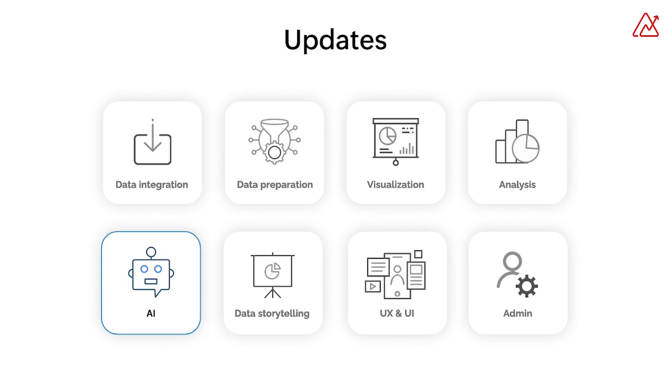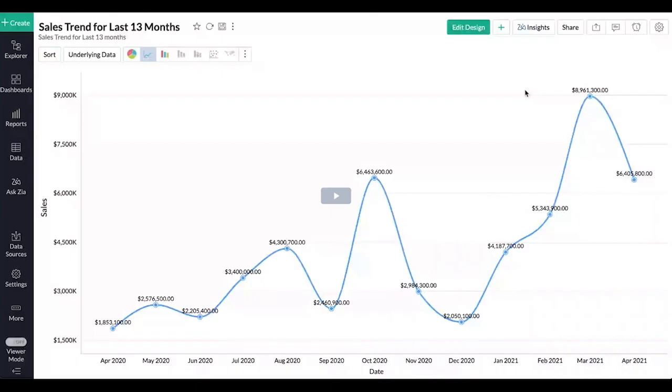So we've brought in some interesting, cool features in the AI space, and I'm going to show you some of them. To start with, we have introduced something called Zia Insights. Zia Insights are automated insights.